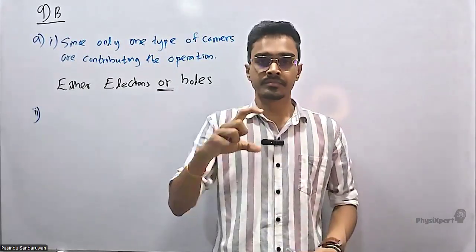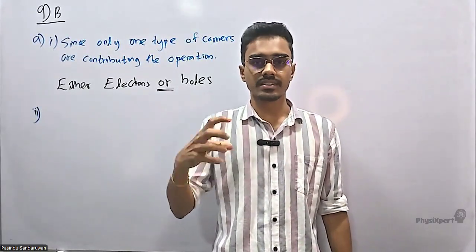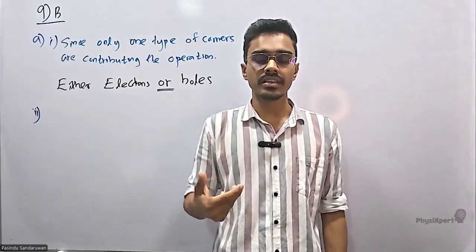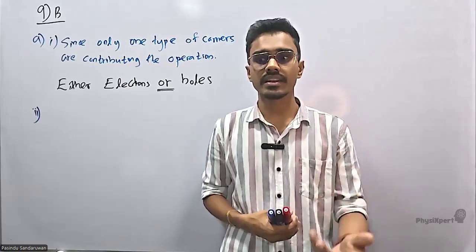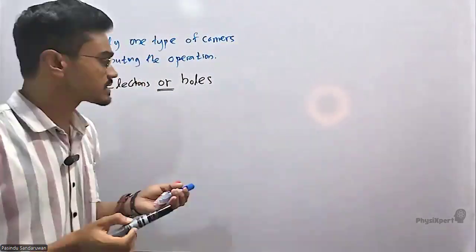The reason is the current in the device is controlled by the voltage difference between G and S. G and S means what? Gate and source.